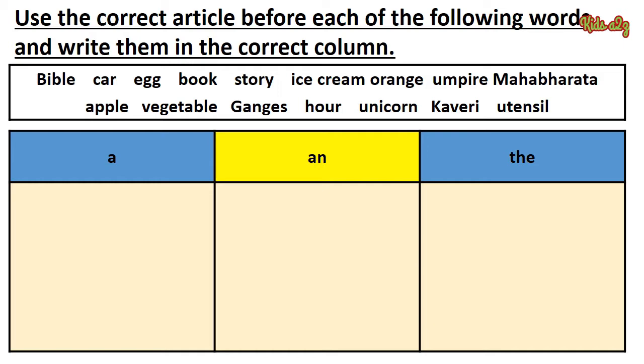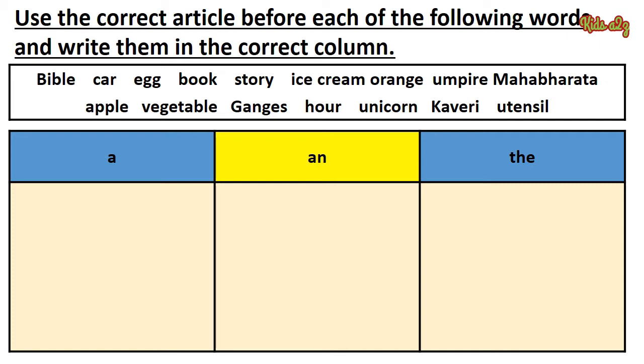Next worksheet, use the correct article before each of the following words and write them in the correct column. Here some words are given in the box and kids need to put the words in the correct box. Like for Bible, they need to write Bible under the. Then car under a. Then egg under an. Then book under a. Story under a.